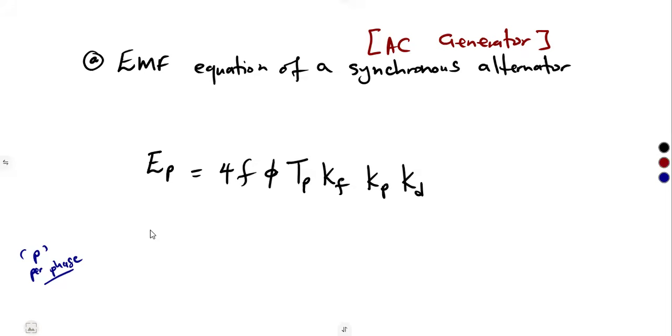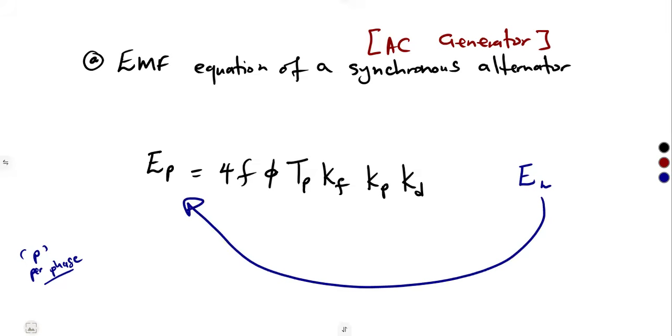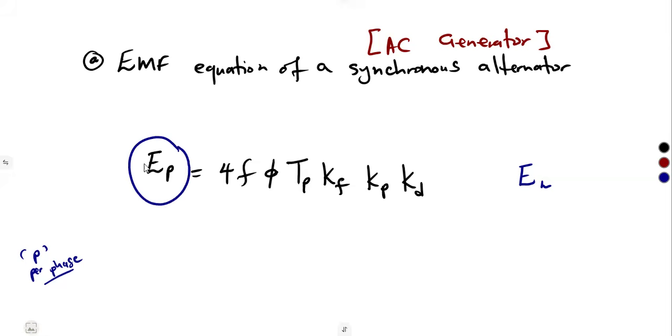So you'll be given the line voltage, which can be used to give us the phase voltage, which is our induced EMF per phase. It is a phase value, this one.